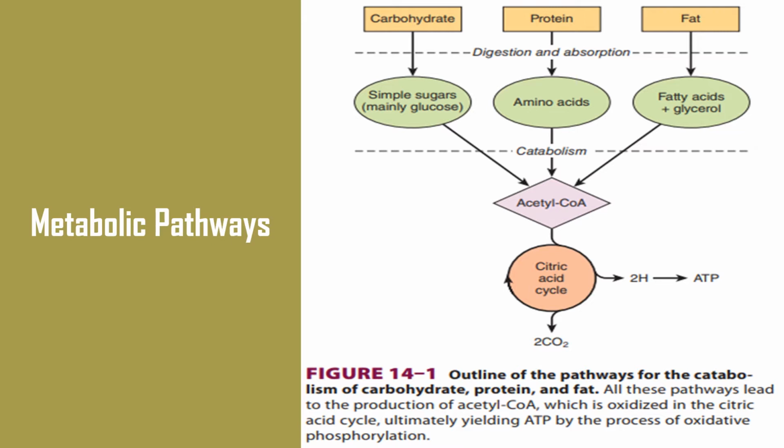Protein becomes amino acids, and fat becomes fatty acids and glycerol. After their catabolism, they turn into acetyl coenzyme A, which is then oxidized in the citric acid cycle, ultimately yielding ATP by the process called oxidative phosphorylation.